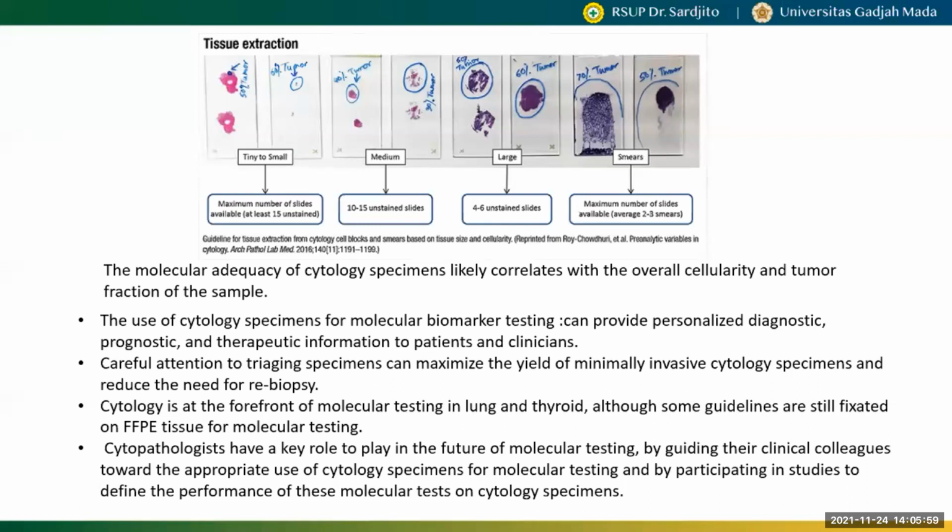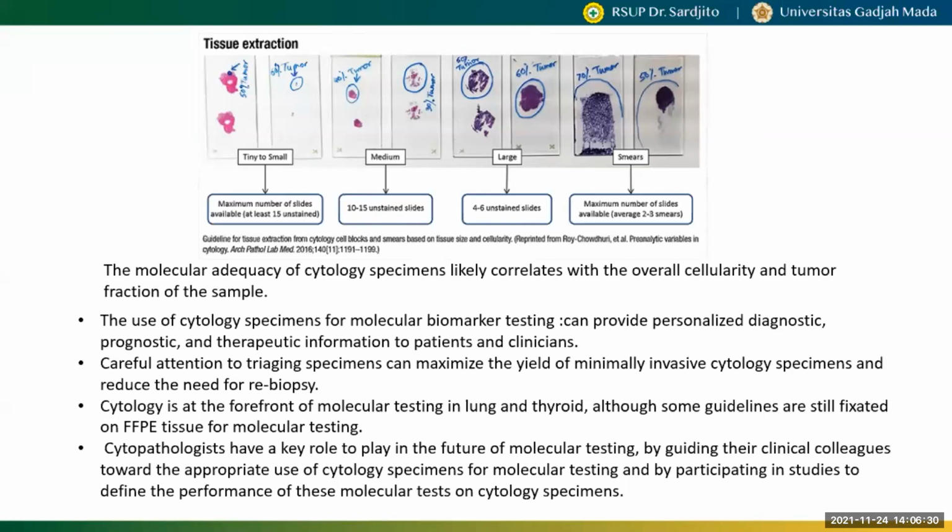So it is very important in the pre-analytical phase that we try to make the specimens as nice as possible. So the use of the cytology specimens for molecular pathology biomarker testing can provide personalized diagnostics. And usually it is also for the prognostic and the therapeutic information for the clinicians.